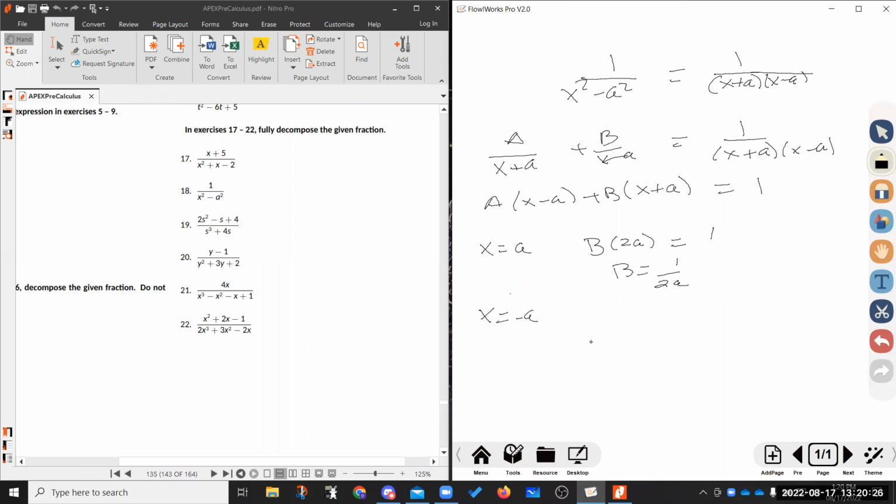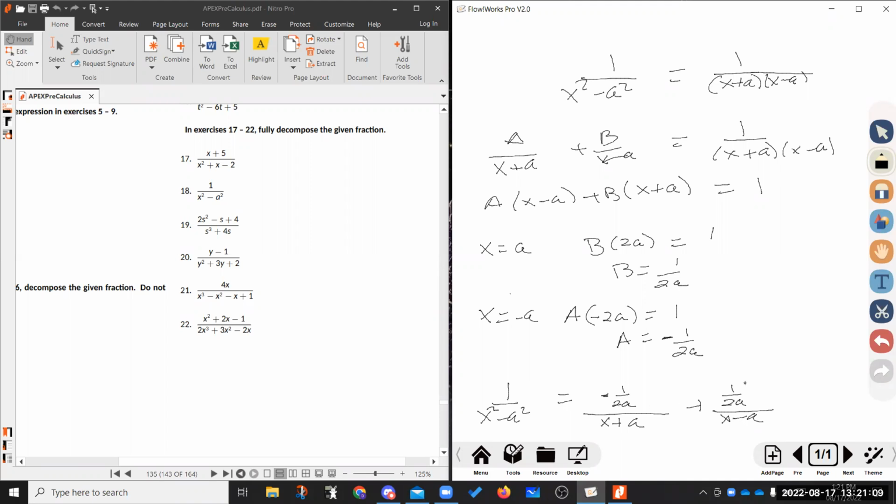When x equals -a, we have -2 little a times capital A is equal to 1, and capital A is -1 over 2a. So we break that down into 1 over x squared minus a squared is equal to -1 over 2a over x plus a plus 1 over 2a for x minus a, like that.